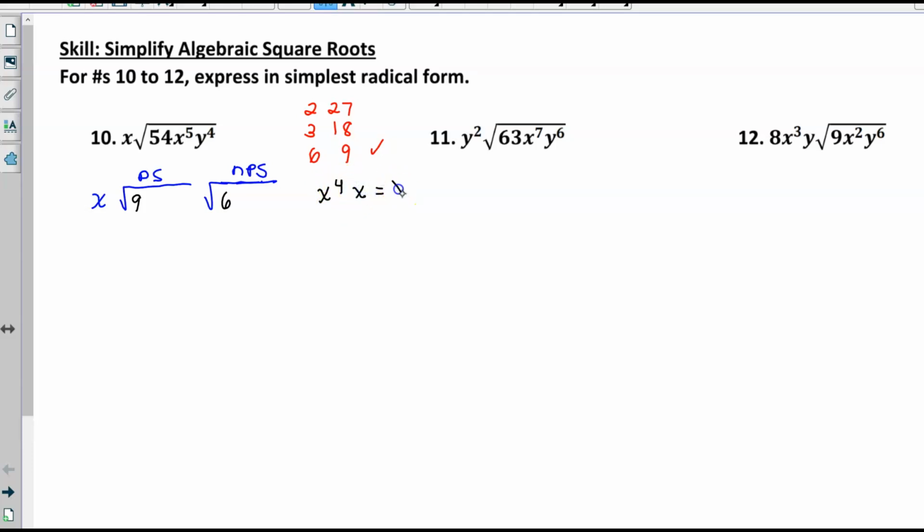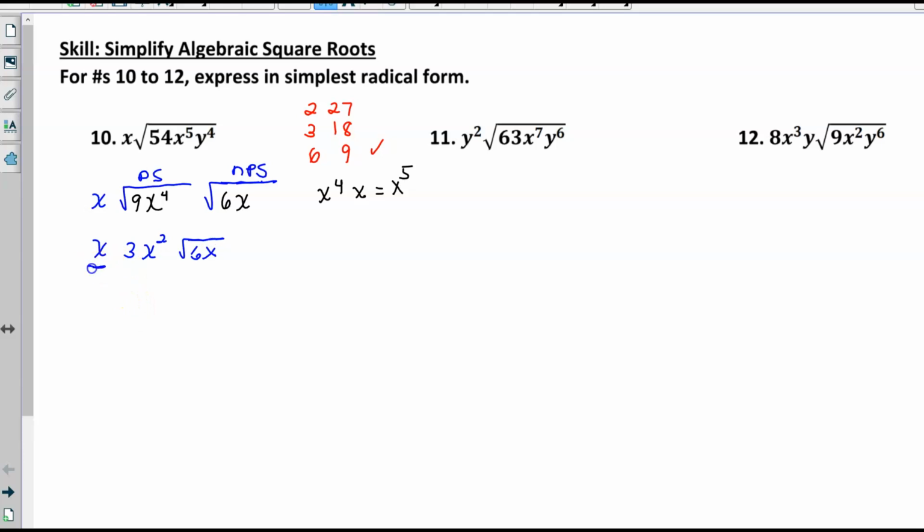Together, if I multiplied that out, I would get x to the 5th. So the highest perfect square component is x to the 4th, and the other factor is x. So when I simplify the square root of 9x to the 4th, I get 3x squared, and the remaining factor is 6x.